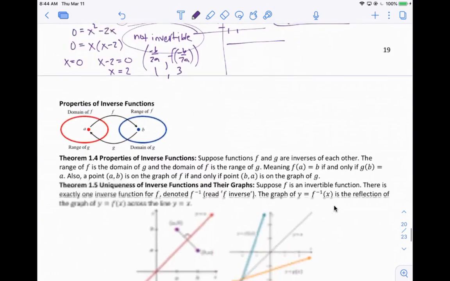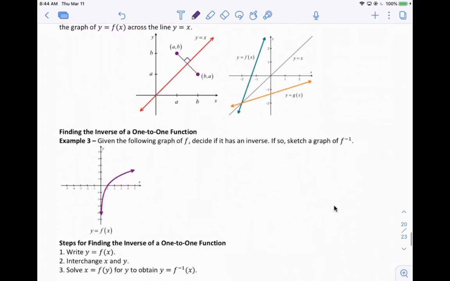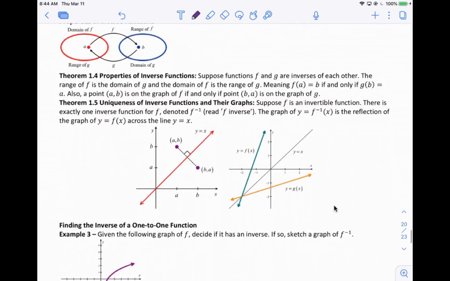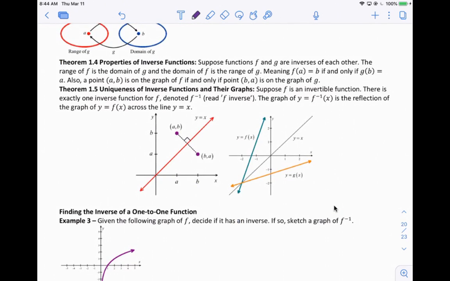All right, we're going to talk a little bit more about functions being one-to-one and how to solve them in the next video. Just a couple other things to remind you of some inverses. Not only can we look at this aspect, proving if something is a function, but we can look at it as a reflection of the function. So if you recall from earlier chapters, the reflection over the line y equals x would also be an inverse.